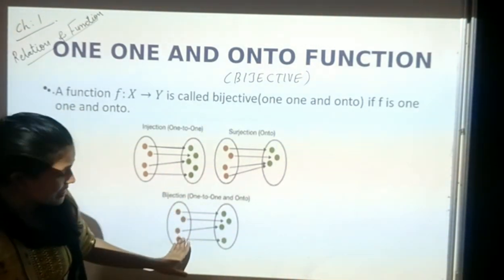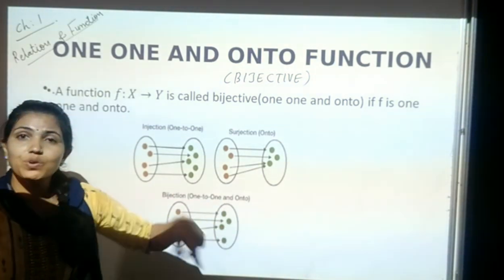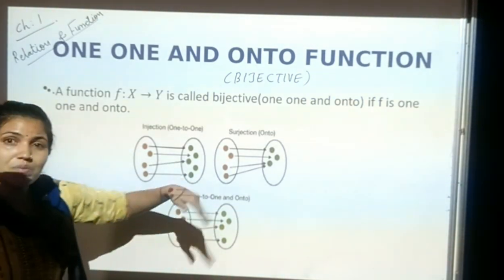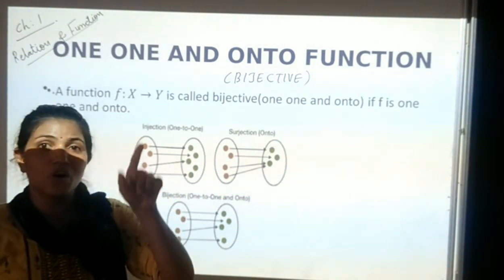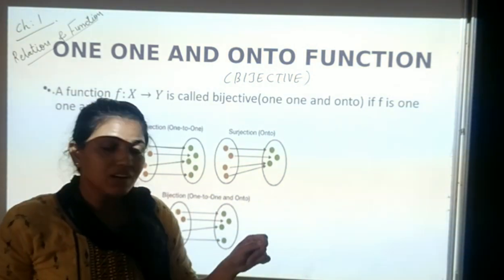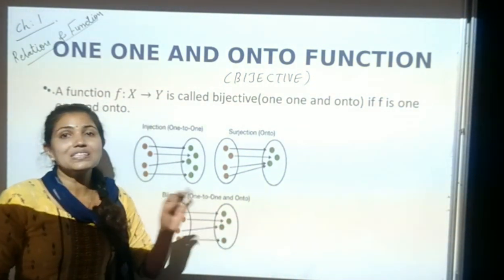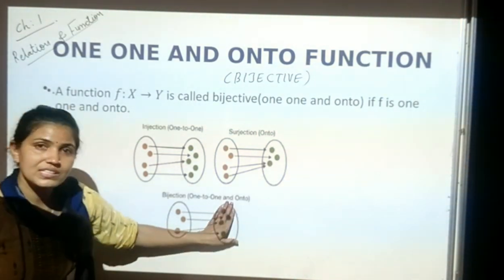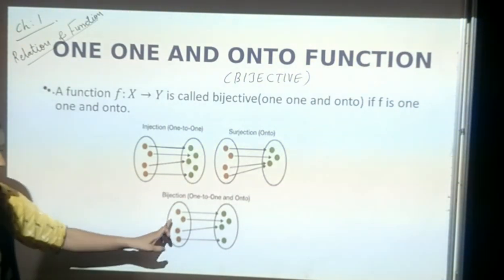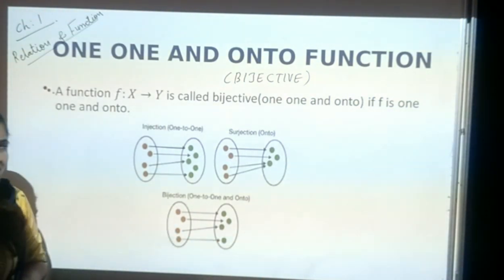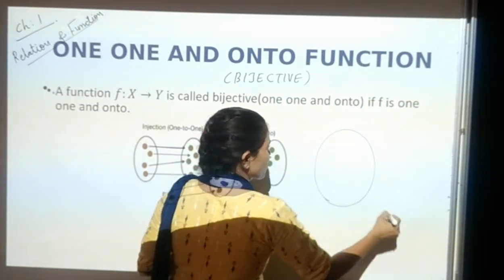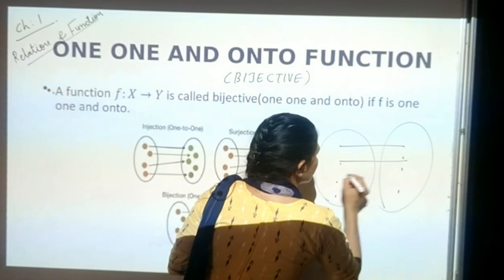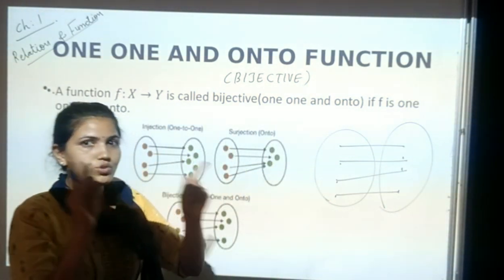That means every element of X will be connected to a unique element of Y, and no element of Y can be skipped. Okay, no element here should be left out. All elements of Y will be connected to X and no element is left over. So if you have this type of image, then this is one-one and onto.